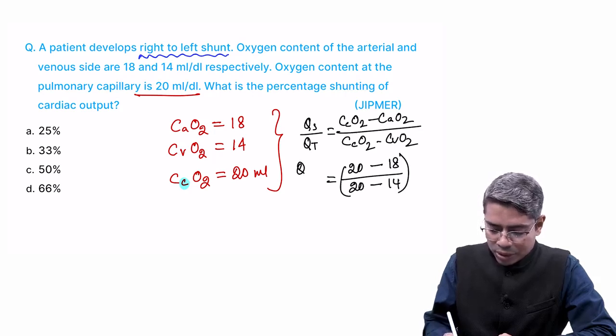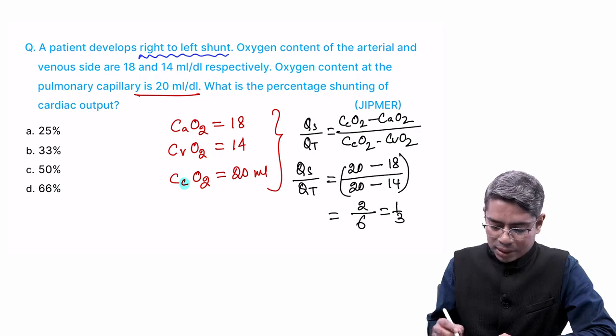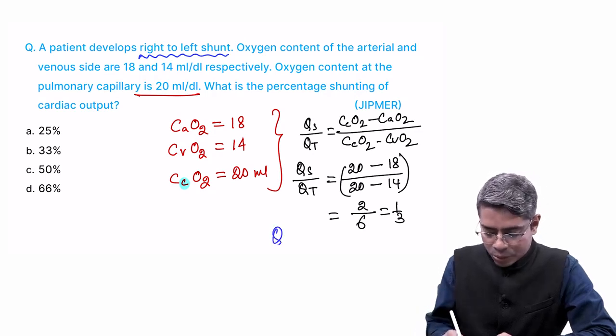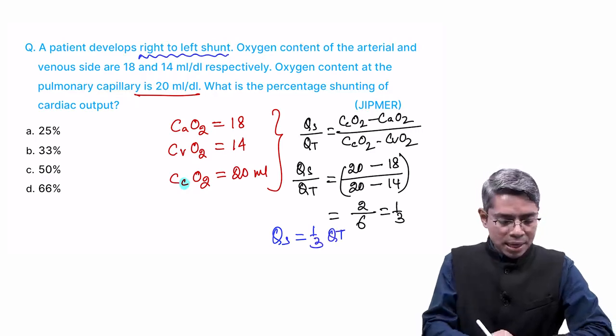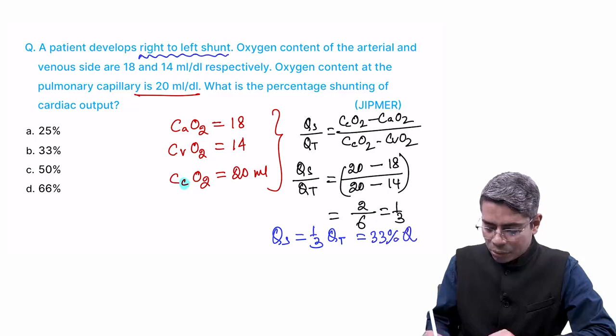So basically your QS upon QT is this. That means this is 2 upon 6. 2 upon 6 means 1/3. That means I can say that QS is equal to 1/3 of QT. That means 33% of QT.